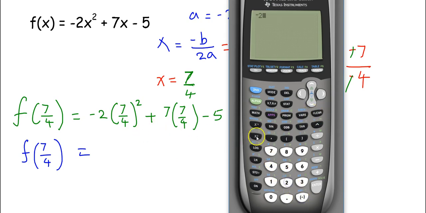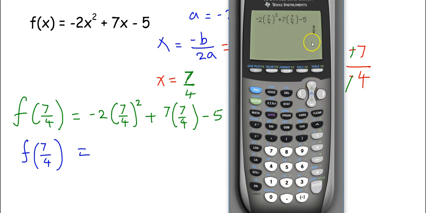I'll have -2 here, then parentheses, I'll go to fraction, that is 7, 4 underneath, come out of the fraction, close the parentheses, then square plus 7 times parentheses, 7 over 4, come out, close, then minus 5, hit enter.